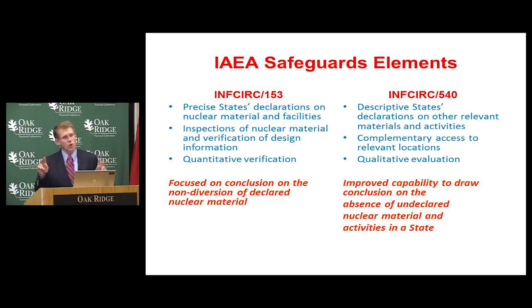So therefore it is more of this qualitative verification. Under 153, you're making specific measurements to get a quantitative verification. 540 is qualitative. So this enabled the agency to, again, improve their capability to draw a conclusion regarding the absence of nuclear materials other than those declared under 153.